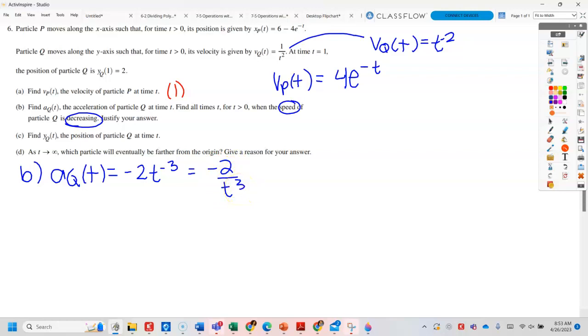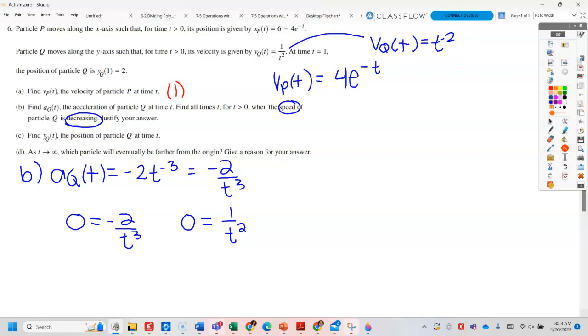And remember that when you rewrite that, the 2 stays in the numerator. It does not come to the denominator with you. So now I need to know when acceleration is 0, and when velocity is 0, so that I know when the particle changes direction. In this case, both of those times happen at 0.